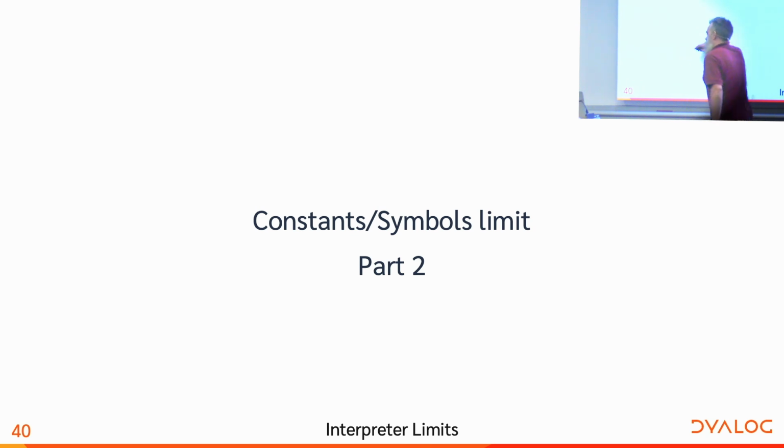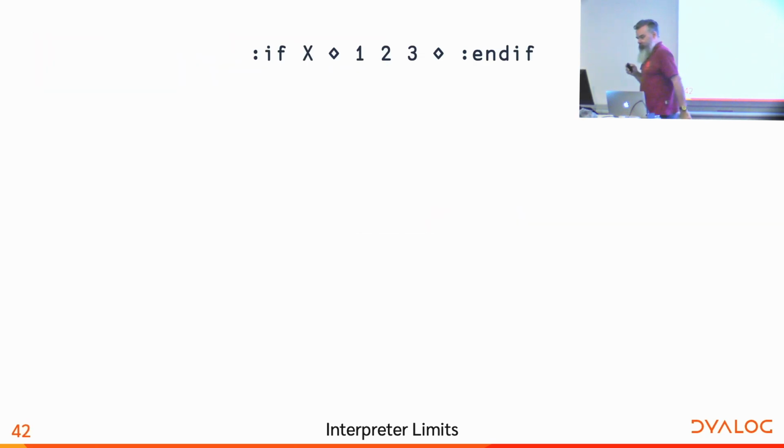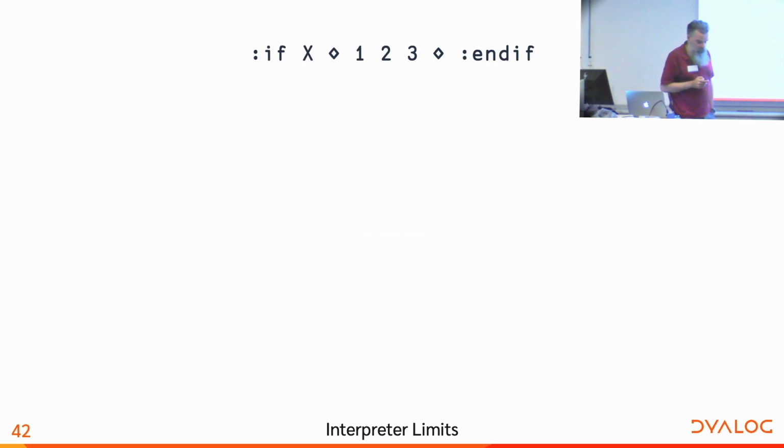So, let's look a little bit more at this constant symbols limit that I mentioned that was 4096. When we process a line of APL code, we convert it into a sequence of tokens. And this is now going to get a little bit technical, but I was struggling to try to get this information across to you without getting technical, so forgive me if we have to do that.